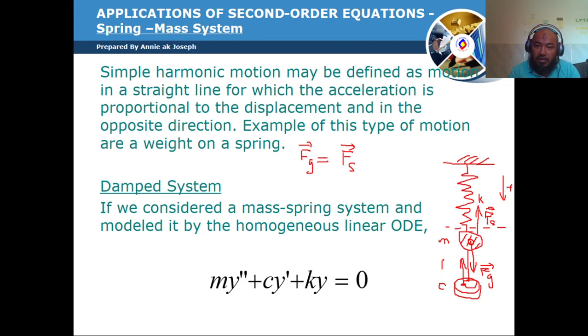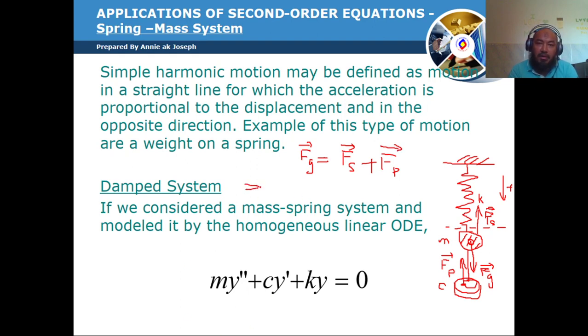So let's say this is for the damper, Fp. So now we can see that we have three forces. Okay, so this is already equilibrium. If we add one more force, here will be Fp.